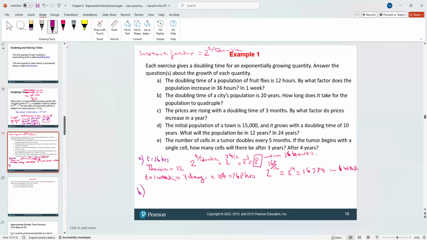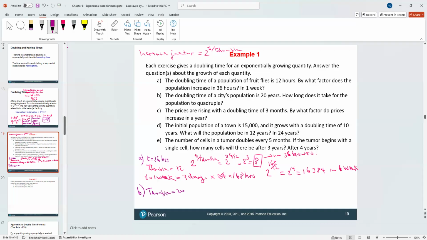So you have the doubling time, which means T double is 20.